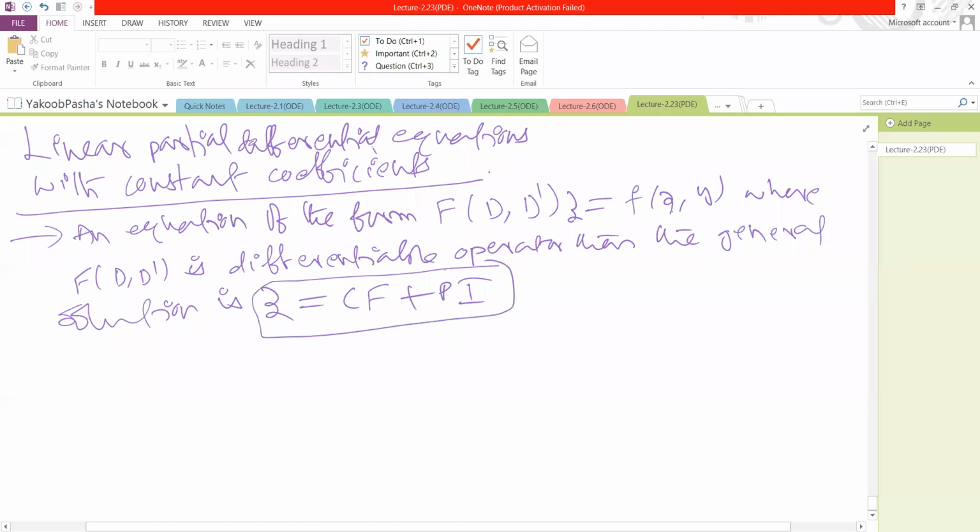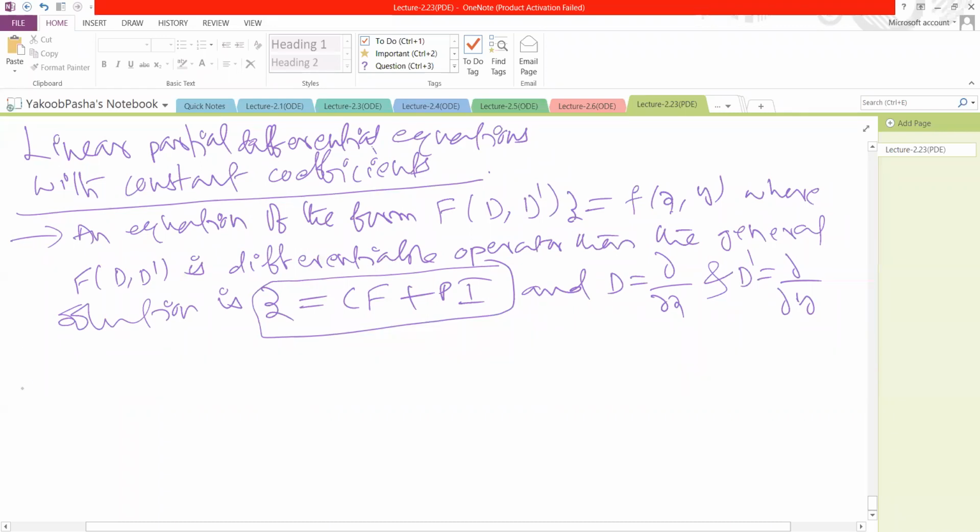CF means complementary function and PI means particular integral. And the notations are d is equal to dou by dou x and d dash is equal to dou by dou y. D means dou by dou x, d dash means dou by dou y. These are the first order partial derivatives with respect to x and y respectively.